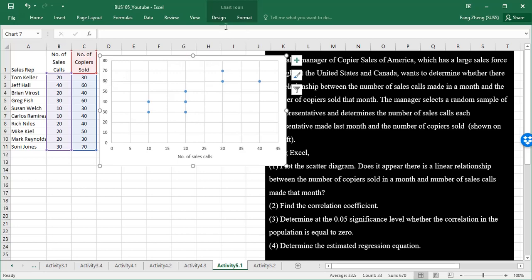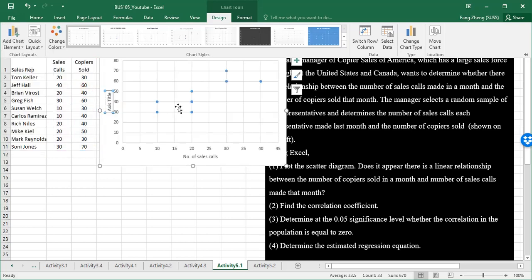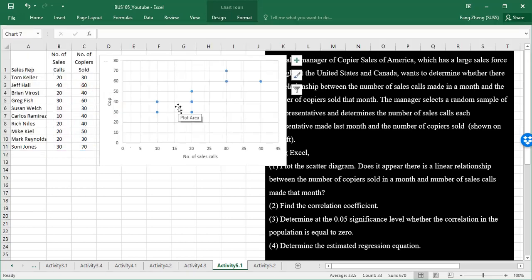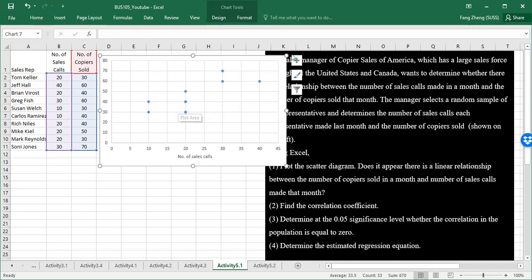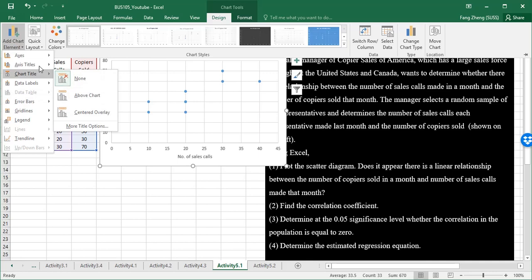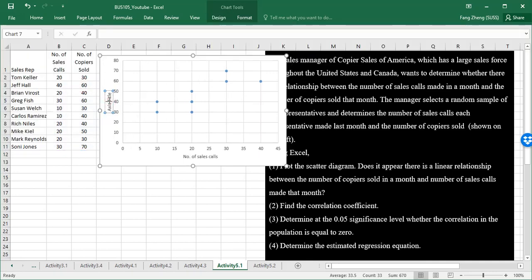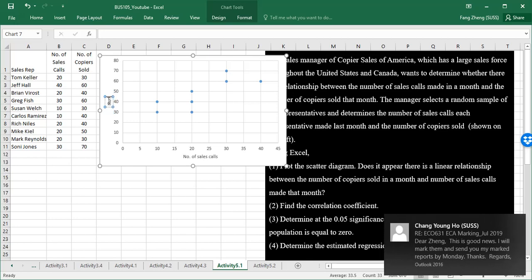For the vertical axis, we add the axis title vertical, and here I want to put number of copiers sold.